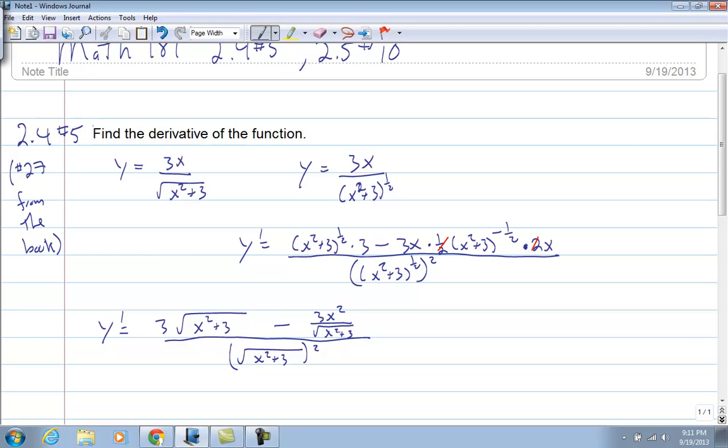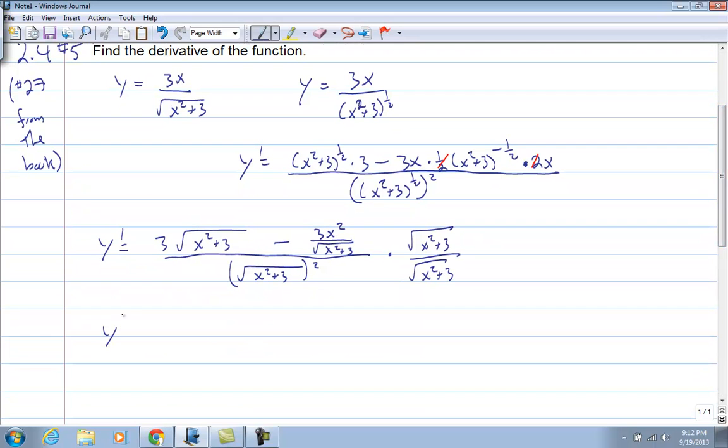Now I have a complex fraction issue right here. So I'm going to multiply the numerator and denominator by the square root of x squared plus 3 over the square root of x squared plus 3.